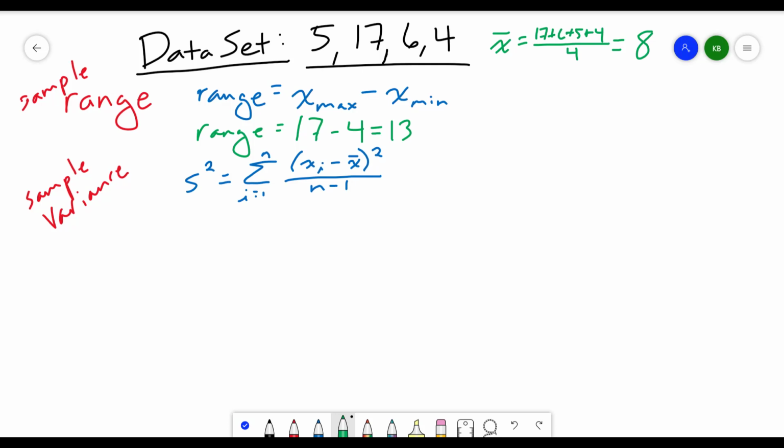So to find our sample variance, s squared equals the sum from i equals 1 to 4 of x sub i minus 8, squared, all divided by 4, because I have 4 elements in my sample, minus 1, so 3.